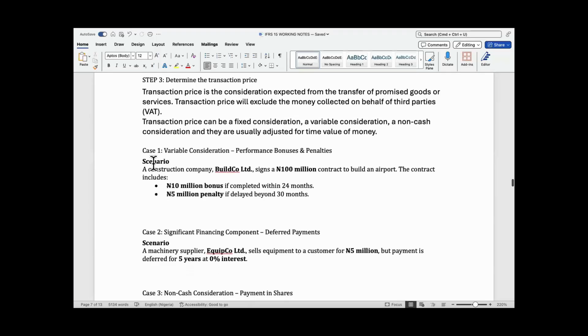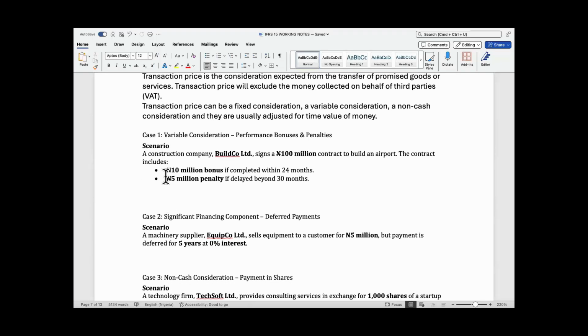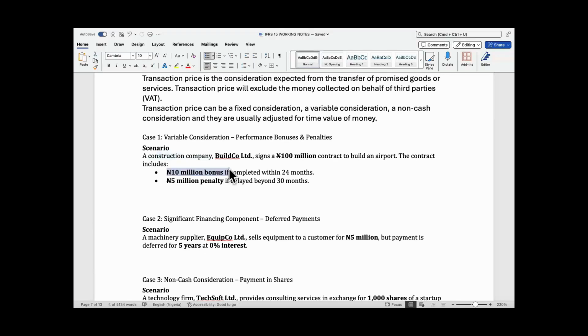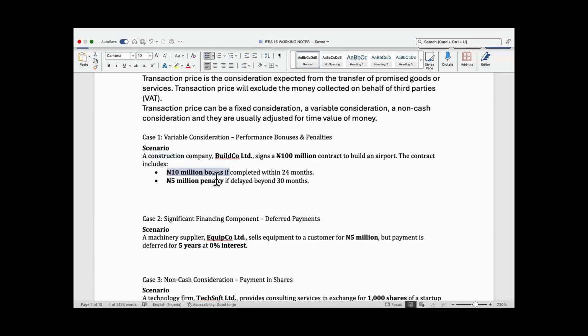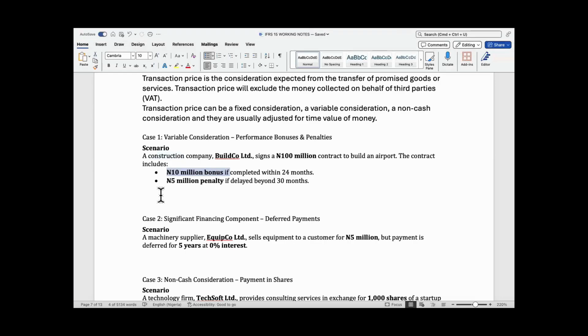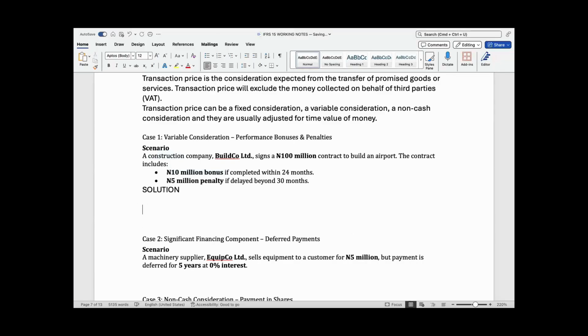So now let's use examples to make it clearer. A construction company, Buildco Limited, signs a 100 million contract to build an airport, and the contract includes a 10 million bonus if completed within 24 months and a 5 million penalty if delayed beyond 30 months.